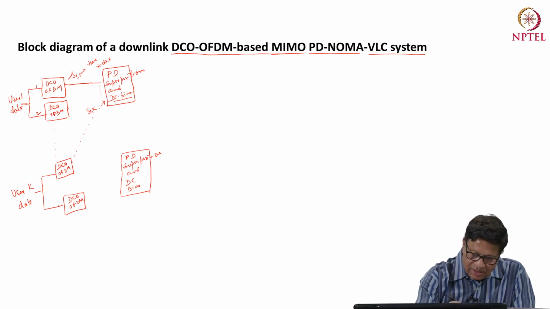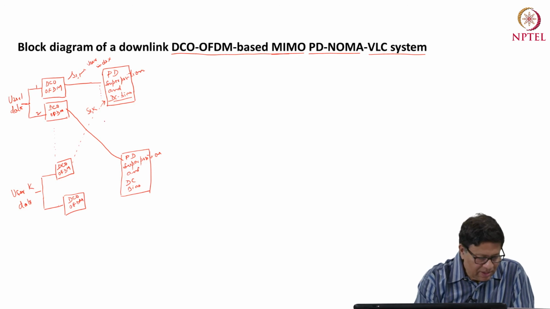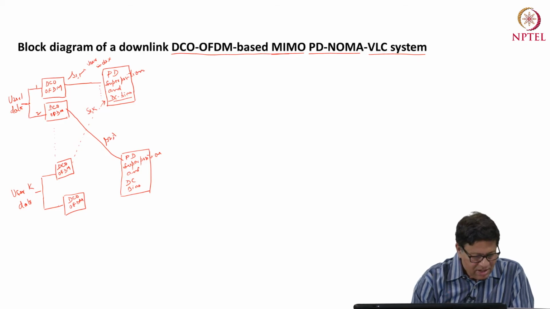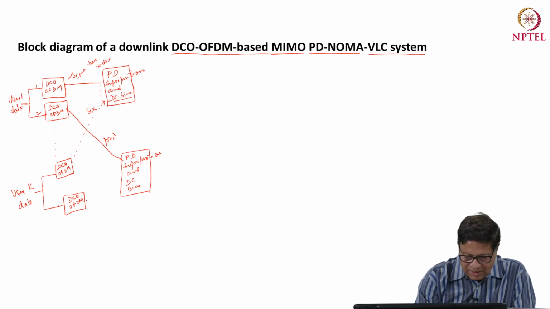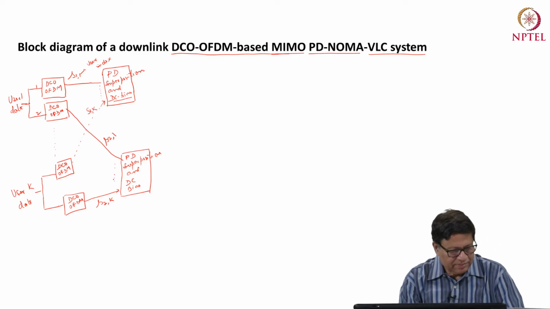So this signal will go here, and this will be the second part of the signal. This is S, coming from the user 1. And similarly, this is the second part of the signal coming from the user K. And there are many points in between.